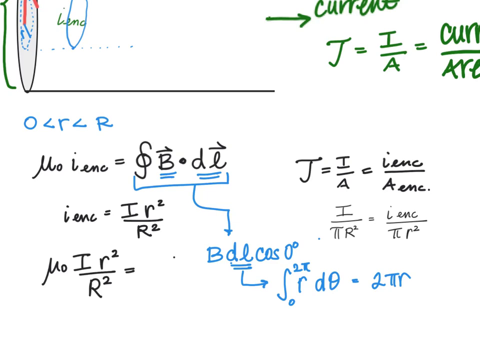So over here in our Ampere's law, we'll substitute in for our magnetic field, B, and then our dl piece, which is 2 pi r.